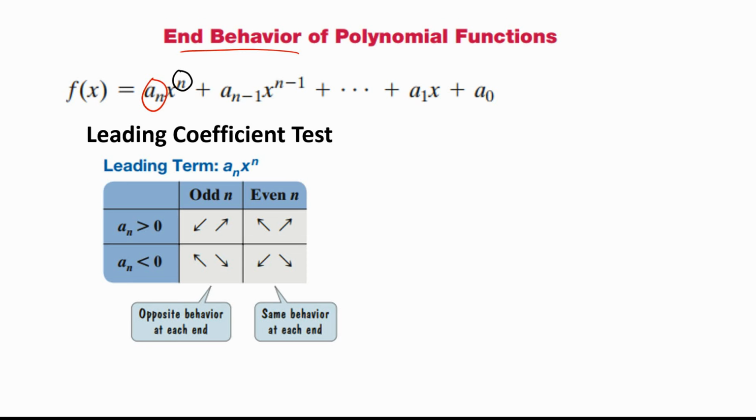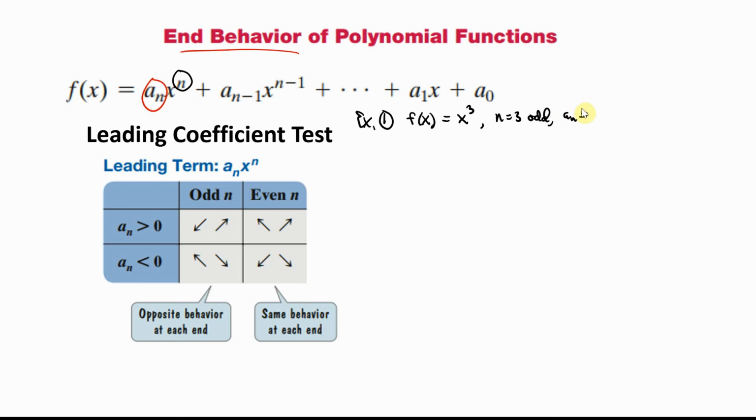So, example 1: here f of x is equal to x to the third. I'm going to give those basic graphs. Notice here that n is 3, which is odd.